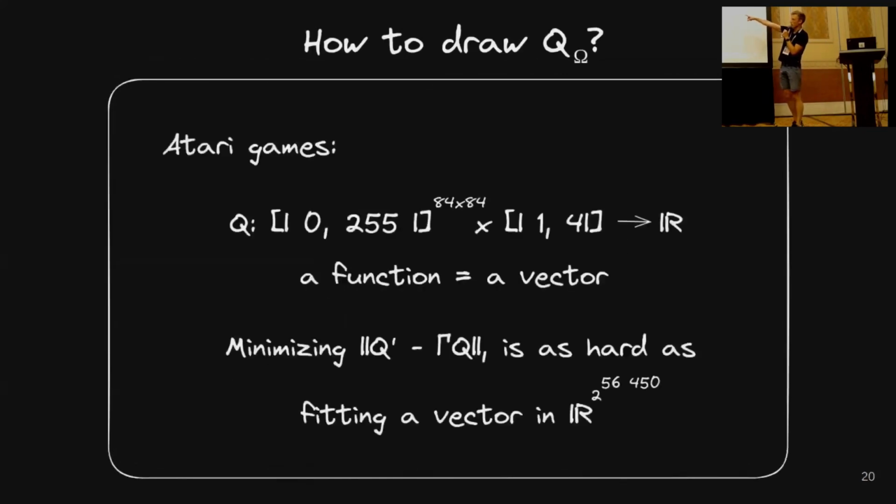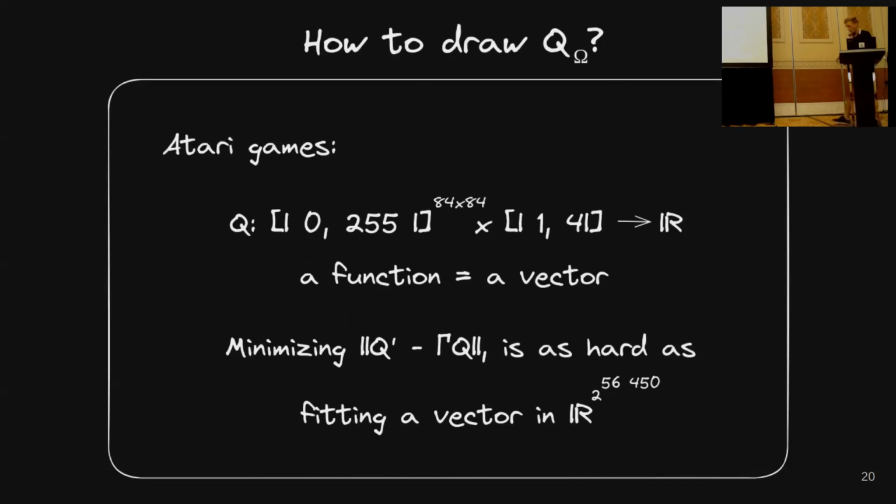So we have 84 by 84 3-channel images, and then we have actions. If you compute everything together, then a Q function is a vector in this kind of space. So it's a very high dimensional space.